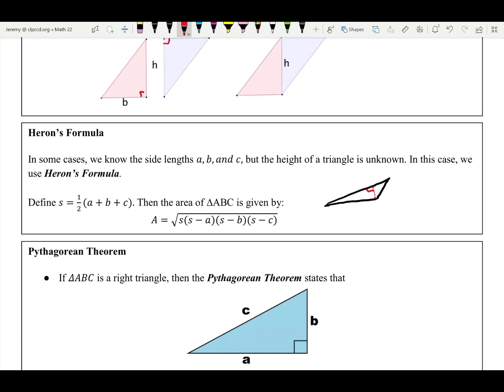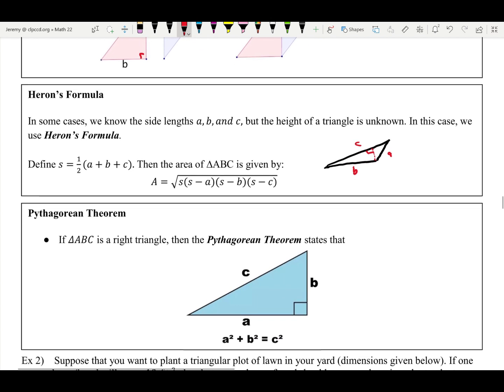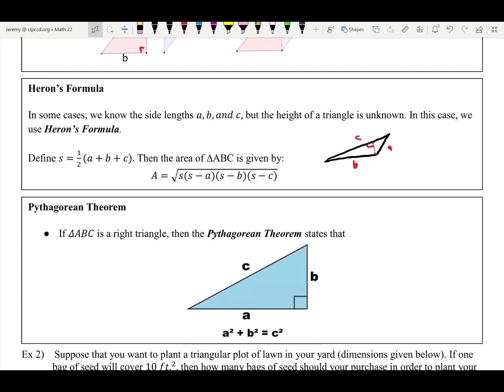So Heron's formula is another formula that we can use to find the area based on the side lengths of these 3 sides. So if this is our triangle, I'll call this side length A, this can be B, and this can be C. And what this formula tells us is we have to find S. Okay, so this is sort of this additional value that we need to compute in order to use this formula.